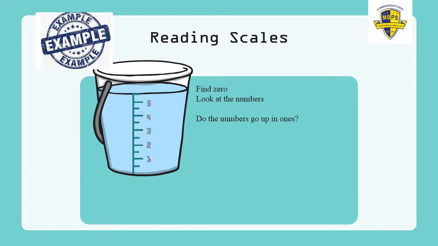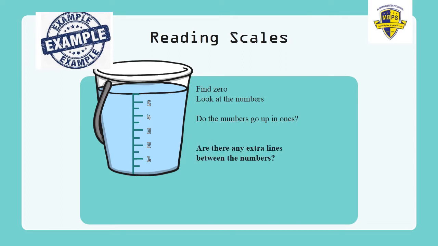Now, another example. We want to read the scale here for this measuring bucket. The first step, find 0. Okay. After that, put your finger on 0. Then, look at the numbers. Do the numbers go up in ones? Yes, this is in ones.